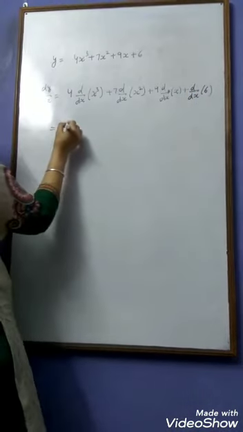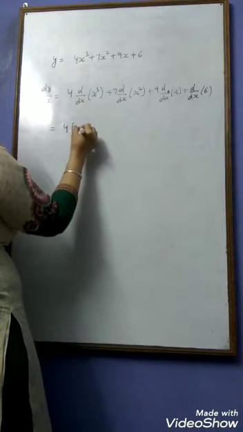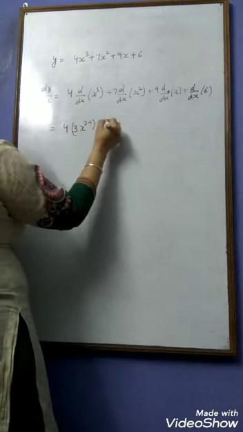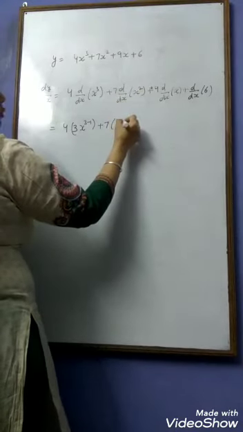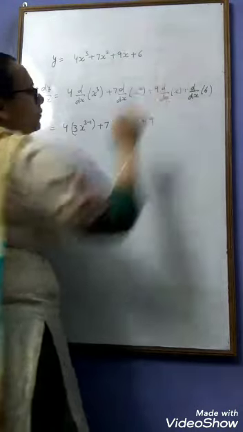Now what do we apply here? xⁿ gives n x^(n-1), so 3x^(3-1), 7 times 2x^(2-1). This is x power 1.